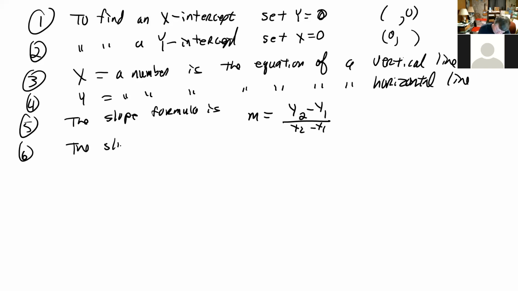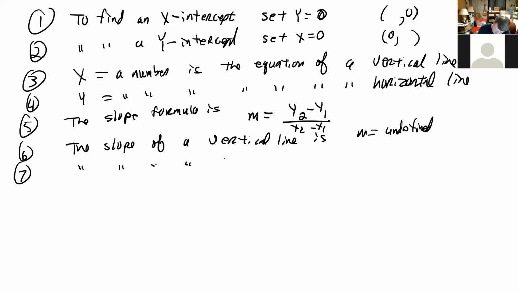The slope of a vertical line is undefined. Yes. Good. The slope of a horizontal line is what? 0. Good.